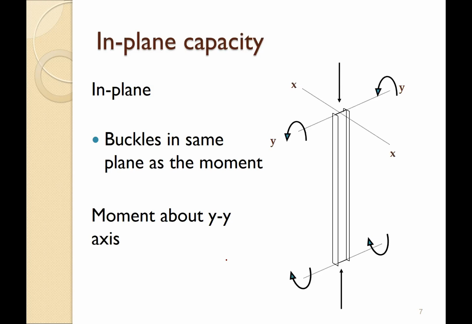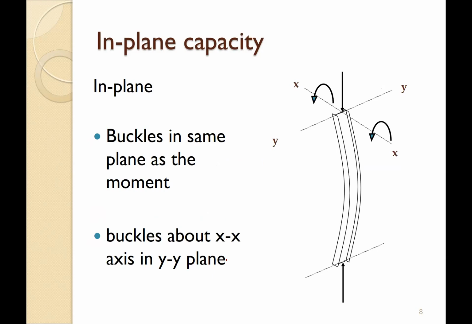So see this figure now, then it will be clearer. You can see that this now buckles in the same plane as the moment. So it buckles about the x-x axis in the y-y plane.